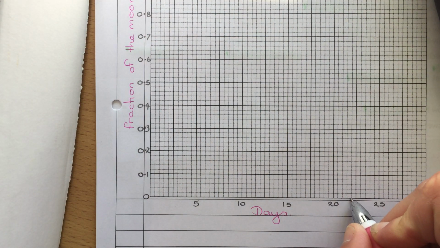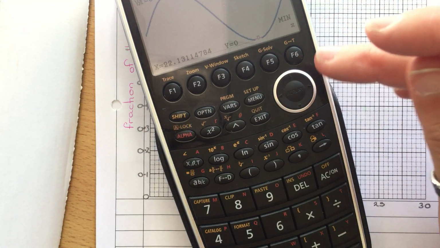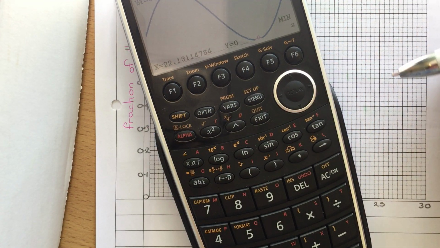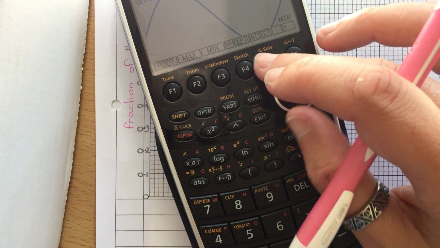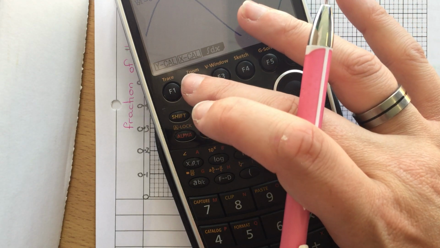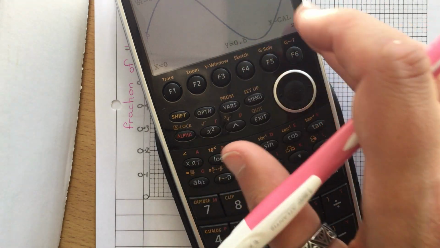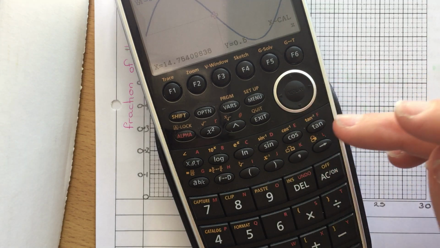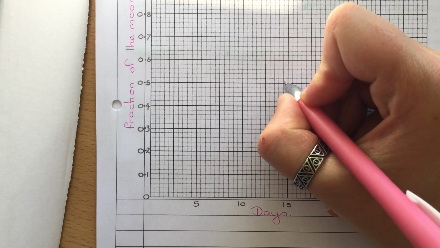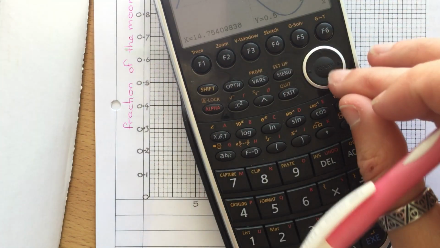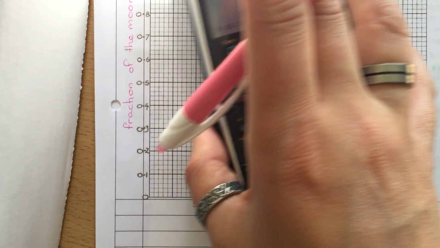So 22 is going to be about there. And if we look at our midpoint, so when it's at 0.5, we've got xcal 0.5. That's going to be at 0, which we know, 14.7, and at 29.5.